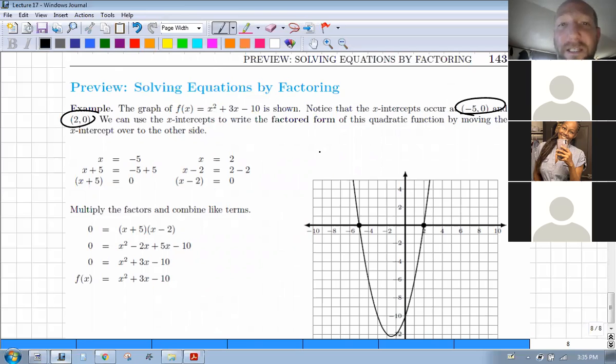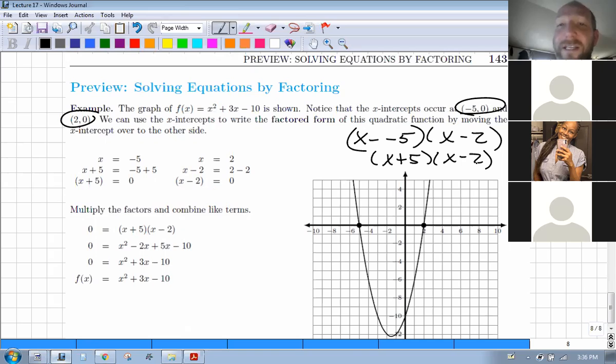You can use the x-intercepts to write the factored form of this quadratic function by moving the x-intercept to the other side. Basically, you do x minus each of your intercepts, -5 and 2, right? So this is x plus 5 and x minus 2.